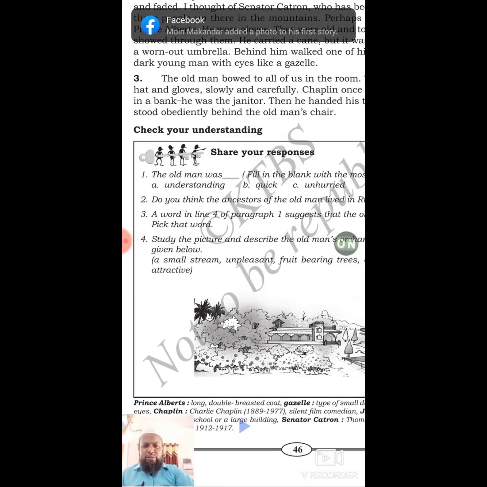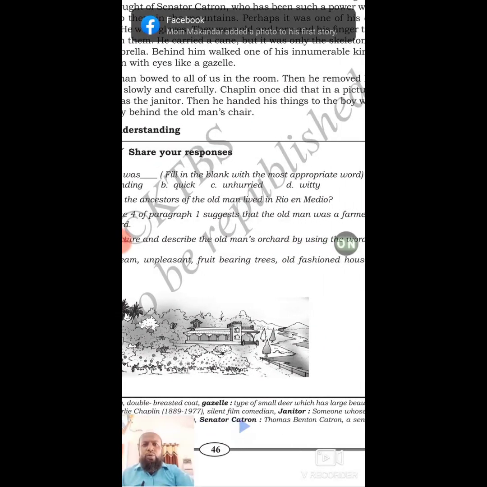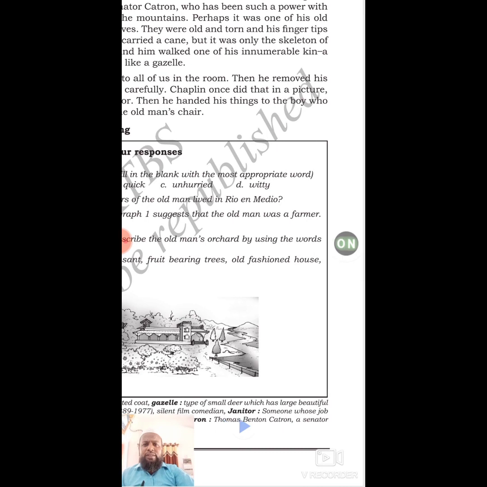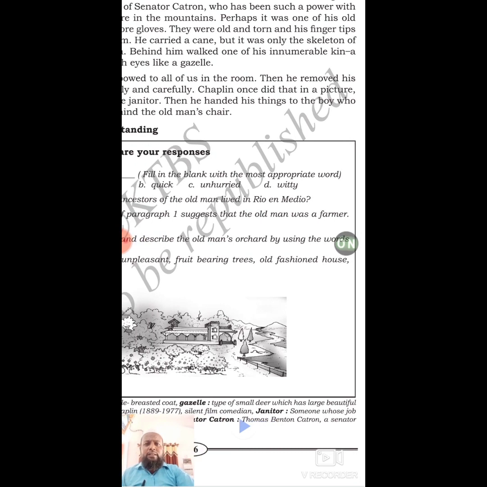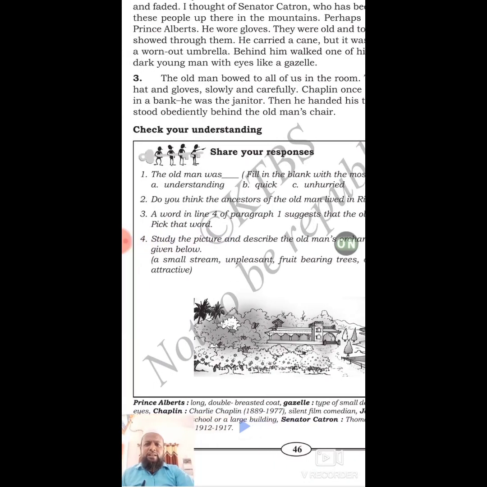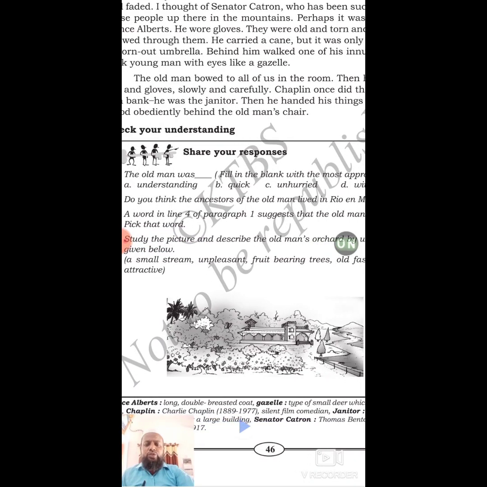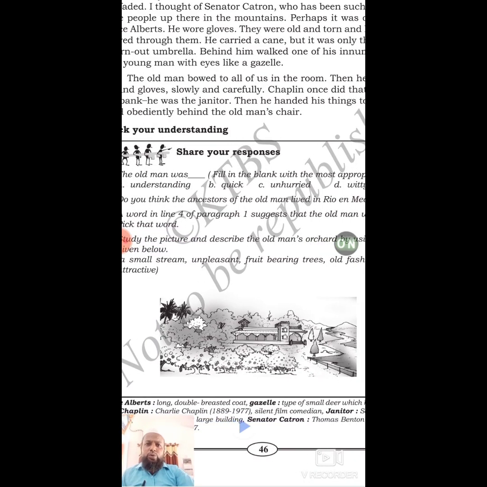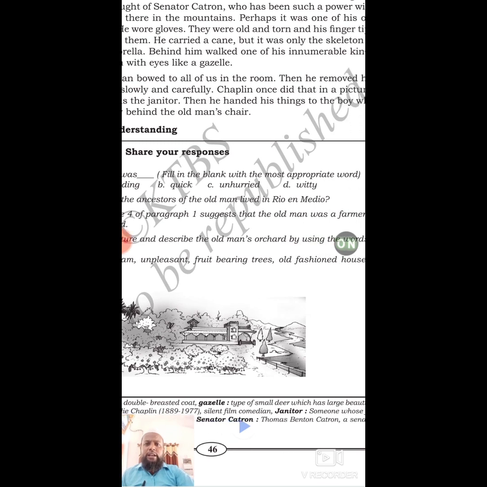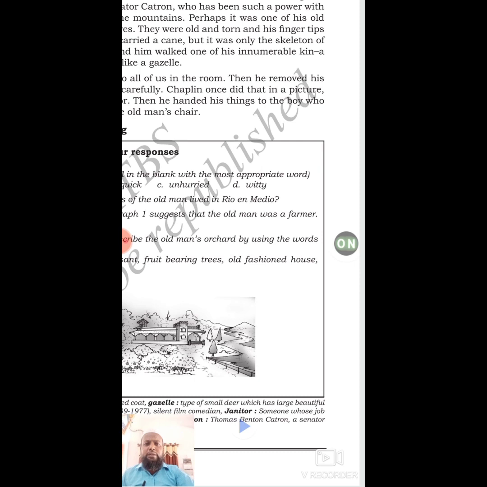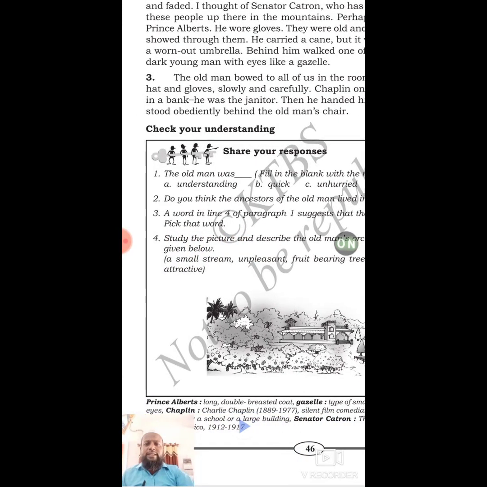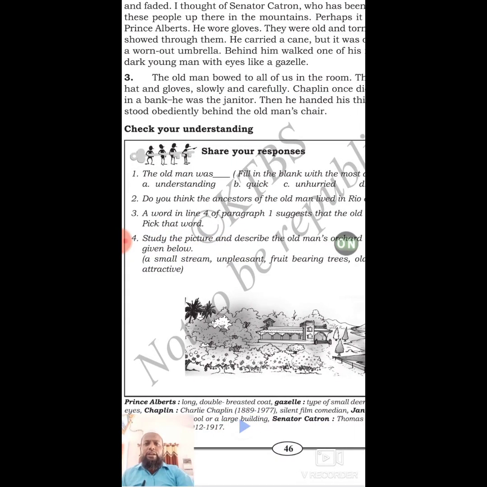Now we'll have the third paragraph. The old man bowed to all of us in the room. Then he removed his hat and gloves slowly and carefully. Charlie Chaplin once did that in a picture, in a bank.